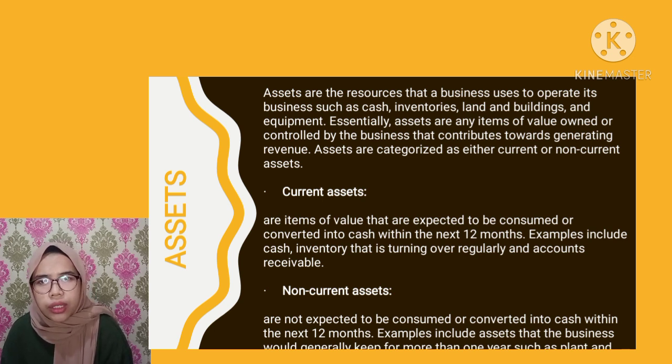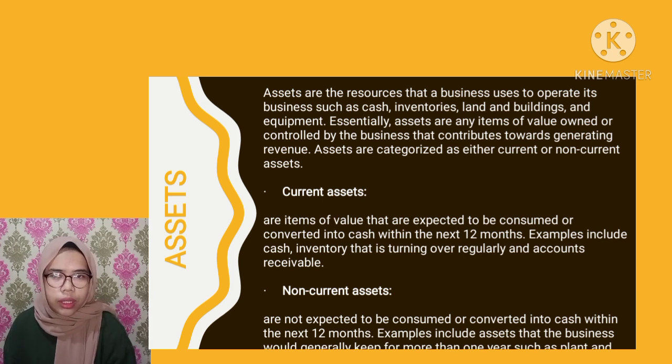Assets are categorized as either current or non-current assets. Current assets are items of value that are expected to be consumed or converted into cash within the next 12 months. Examples include cash, inventory that is turning over regularly, and accounts receivable.